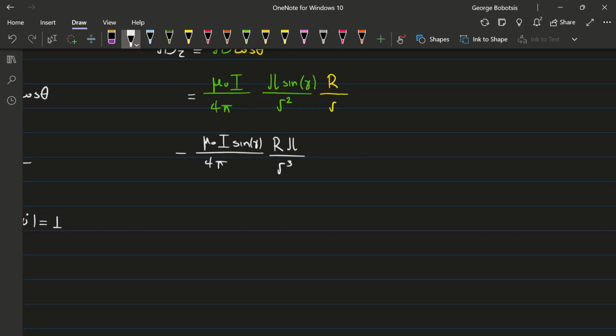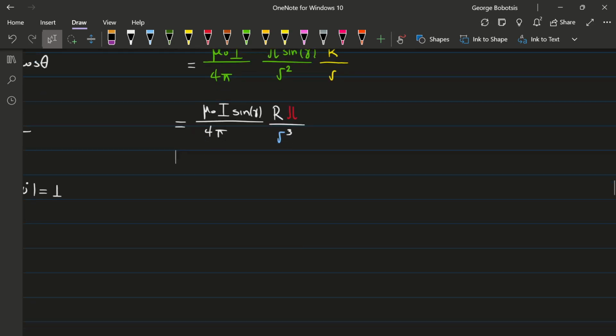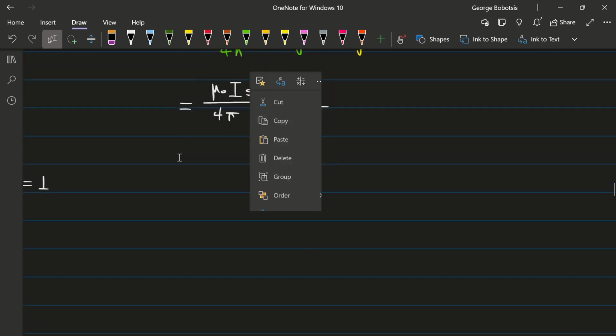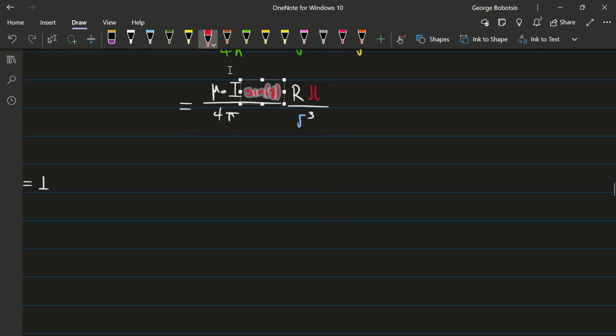Well, I go one step further now. I know what dl is. I know what R is. It's debatable though if I want to use Cartesians at this point. Probably do, to be honest with you. So I'm going to replace all these. Sine gamma, I want to remind you, was 1.